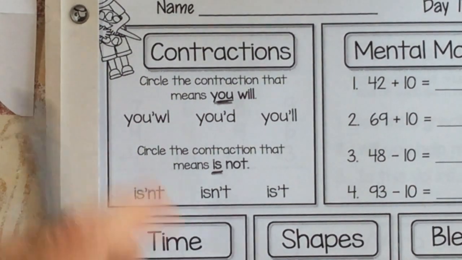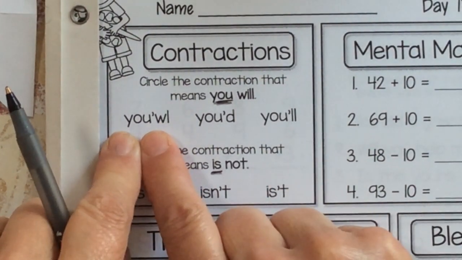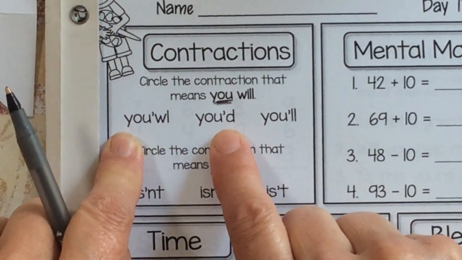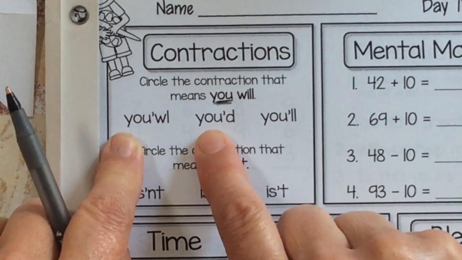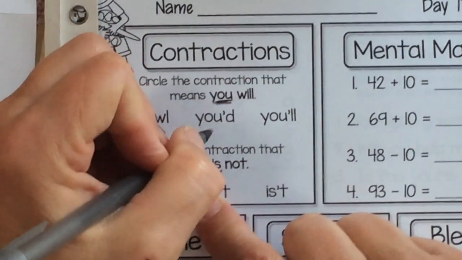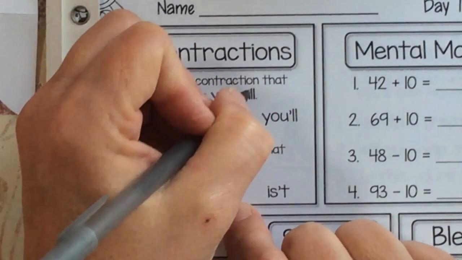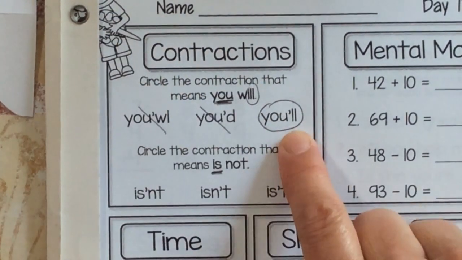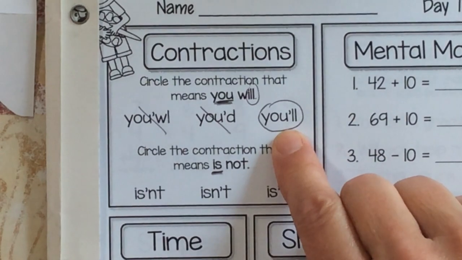Okay, so you, I don't know what that is. You'd, well, that's not you will, that's you would. This one I've never seen before, and that's the wrong one. And here's the one with just the LL in will: you'll.